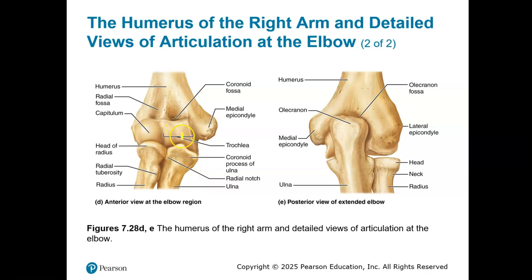Okay, here's the trochlea of the humerus, which articulates with both the radius and the ulna and forms that elbow joint. The way that I remember the radius, in fact, look at it over here. You see how the head of the radius is actually like a flat, rounded circle that's stuck on the top of that radius.